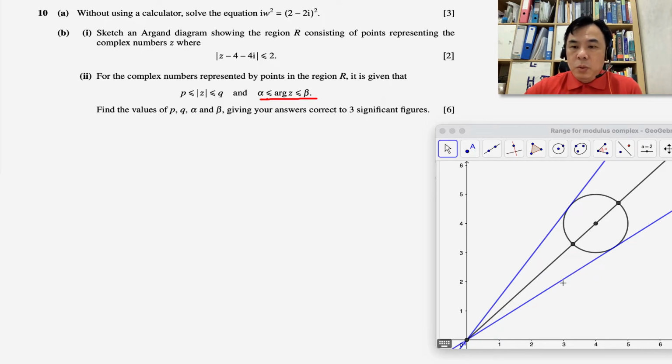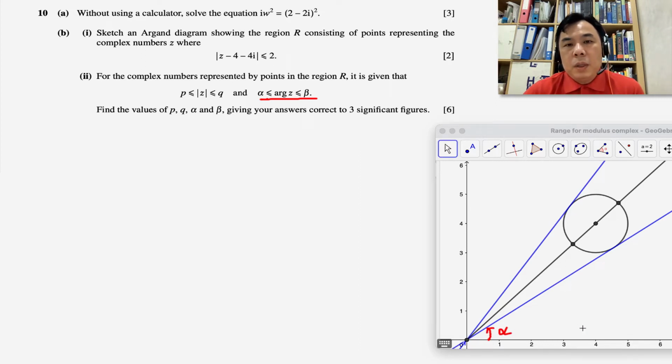Now, the first blue straight line below here actually represents the line that produces the argument that is greater than alpha here. What I mean is this angle here is the alpha itself. Right?